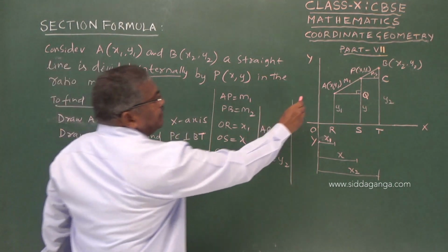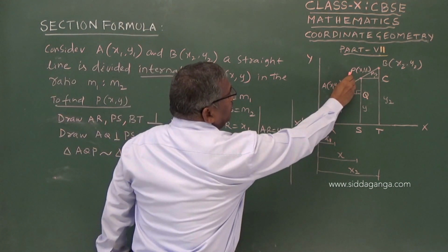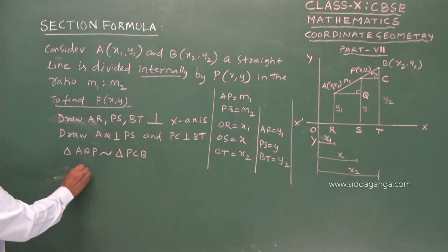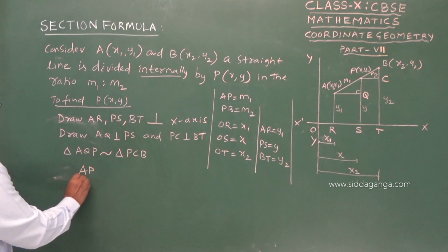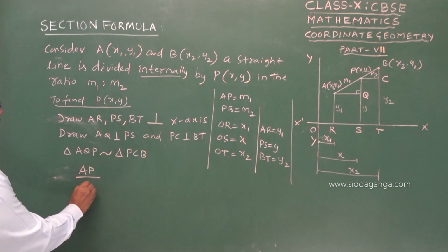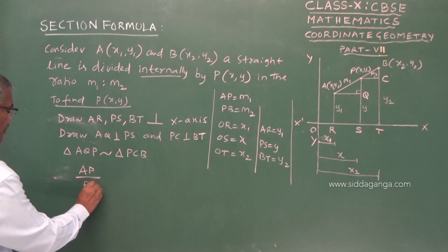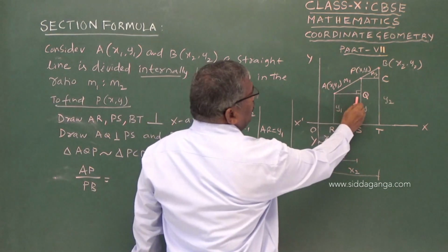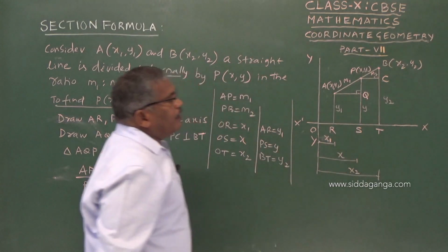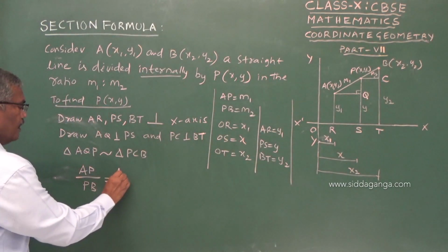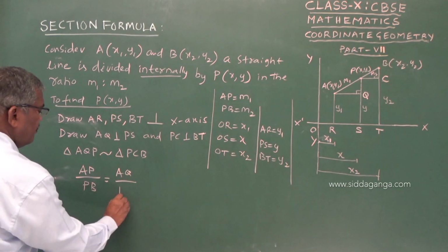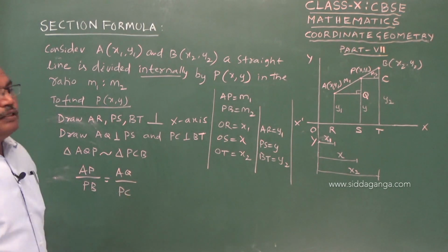So now, proportionality I will take: AP divided by PB. Corresponding sides of the triangle: AP divided by PB will be equal to AQ divided by PC.